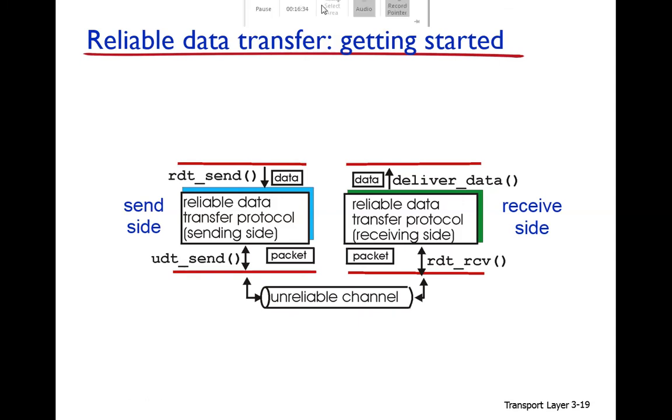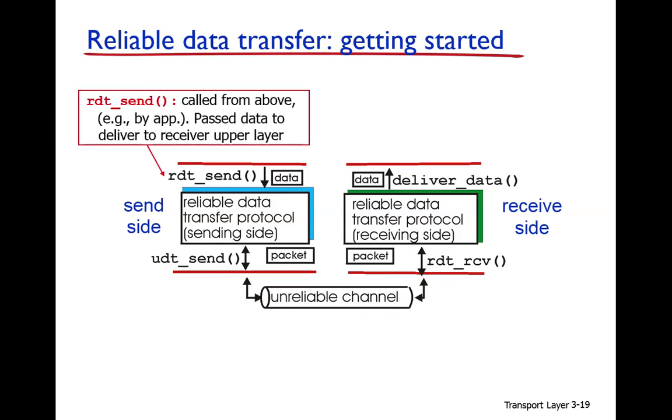Suppose the application layer generates the data. Above this red line is the application layer, and when it generates the data and wants to move it reliably, it invokes the RTDT send method.